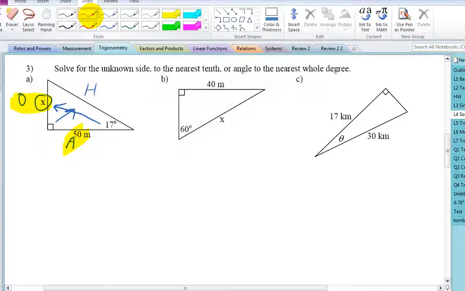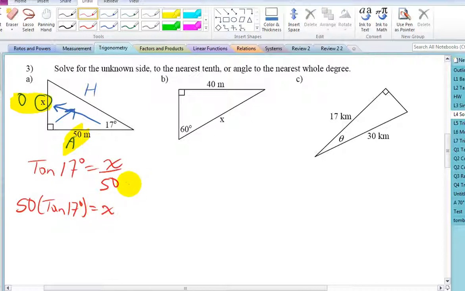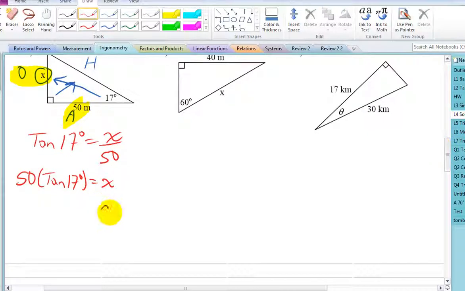TOA, good. TOA is a good thing to say. It's better than not saying anything. So it'll be opposite, which is x, over adjacent, which is 50. And then we do the opposite of dividing by 50. And then we can go to our calculator.